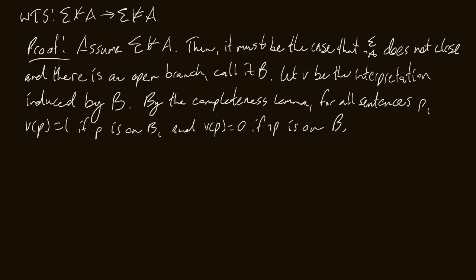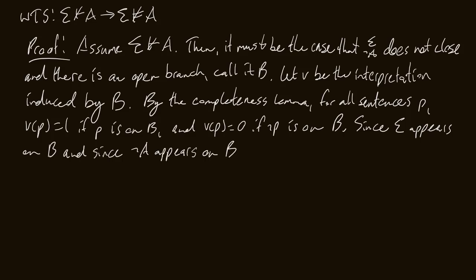However, we're about to show that such a valuation exists, which means that sigma does not semantically entail A. So, since sigma appears on B, and since not A appears on B, we can say that the valuation of sigma is equal to 1, and the valuation of A is equal to 0.